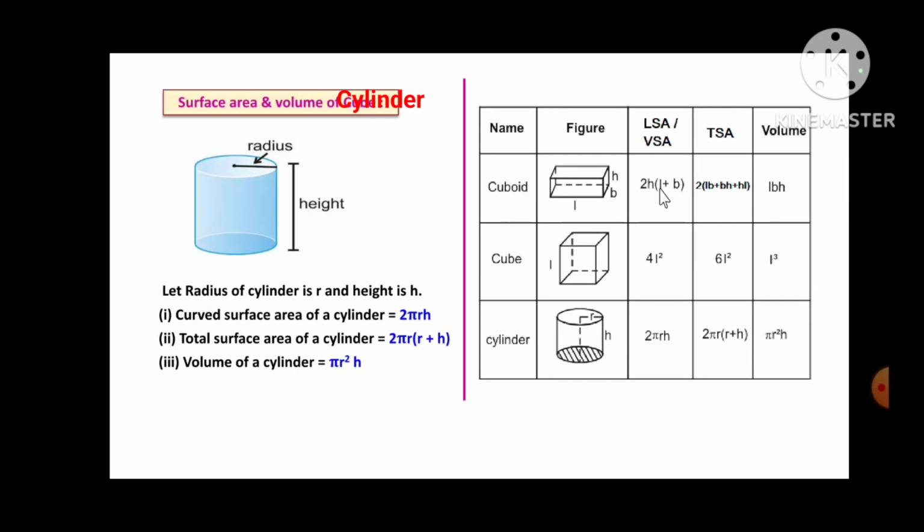For the cuboid, these are the three formulas: 2H into bracket L plus B, that is lateral surface area; total surface area 2 into bracket LB plus BH plus HL; and volume is L into B into H. For the cube, LSA is 4L square, TSA is 6L square, and volume is L cube. For the cylinder, the curved surface area is 2 pi RH, total surface area is 2 pi R into bracket R plus H, and volume is pi R square H.